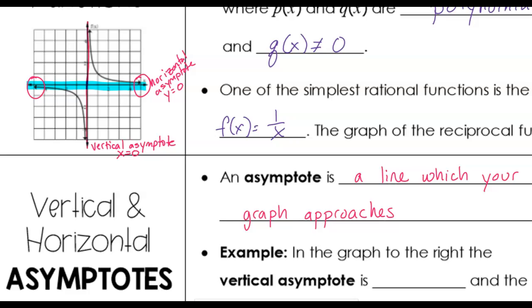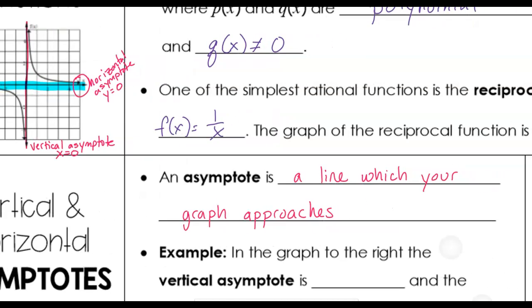That's why they say an asymptote is a line which your graph approaches. It will never touch a vertical asymptote. Never, ever, ever, ever.